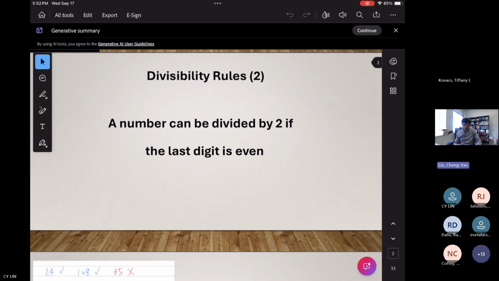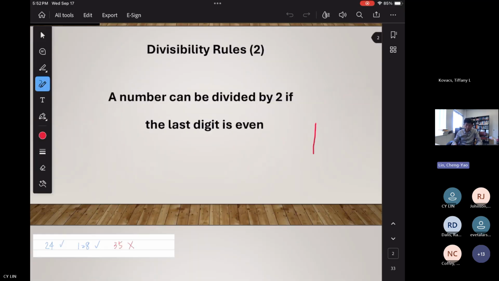For instance, 24, divisible by 2, yes or no? Yes, because the last digit is a 4.